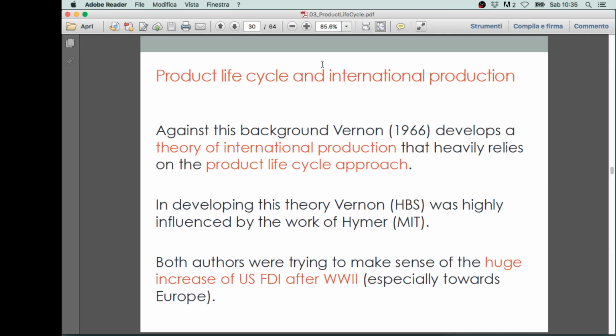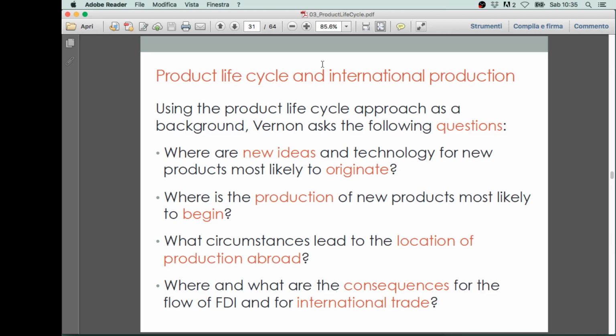That is, try to make sense of the huge increase of U.S. foreign direct investments after World War II. Now, what is the starting point of Vernon? Given the description of the product life cycle that we saw before, the question that he asks is, where are new ideas and technologies for new products most likely to originate, depending on the skills available in the country?